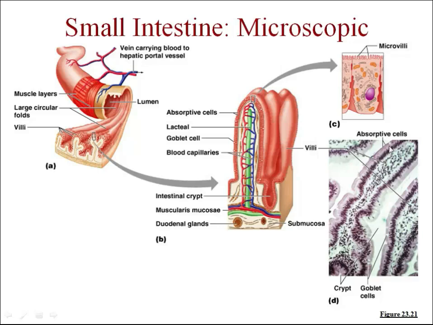If you magnify these absorptive cells more, you will see such microvilli on them. In the middle are the blood vessels and lacteals, and the gap formed between two villi is called a crypt, a hollow space between the villi. And the epithelial surface around the villi and crypt is full of goblet cells.